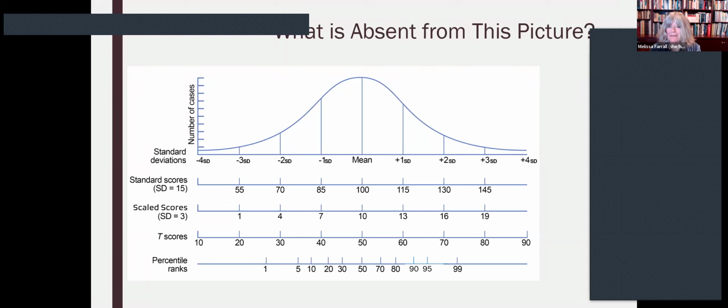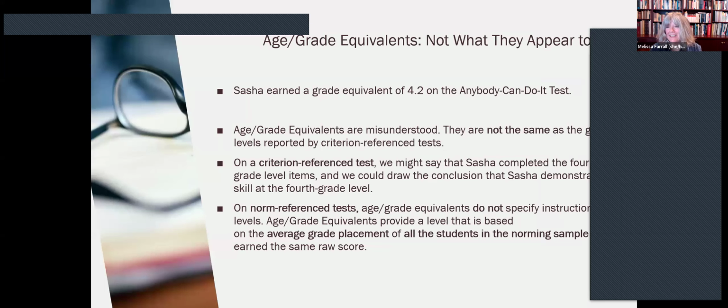So what else is missing from my picture? Here we go. We're going to talk about age and grade equivalence. Wow, it took me years to get this sorted out in my head. So I'm going to back up just a little bit.